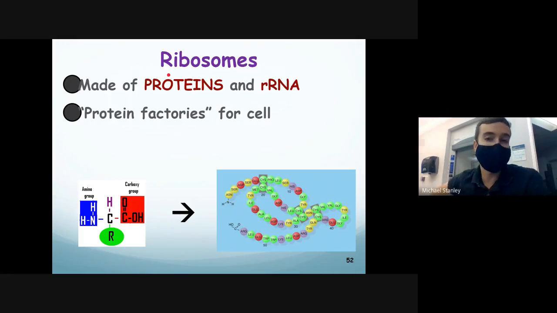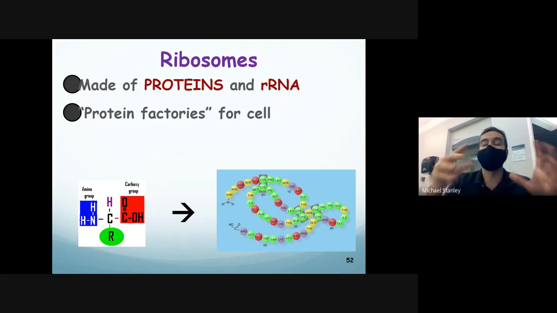So the ribosomes are the protein factories for the cell. If the mitochondria is the power plant, the ribosomes are the protein plants. They are what take all those little individual amino acids and put them together into the big protein.